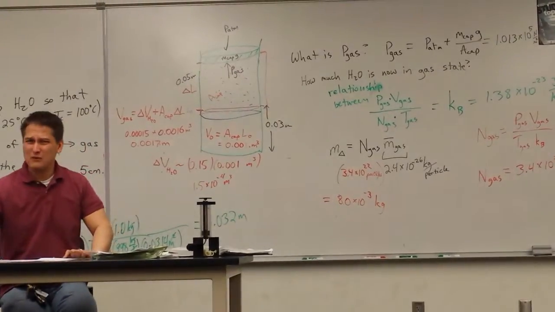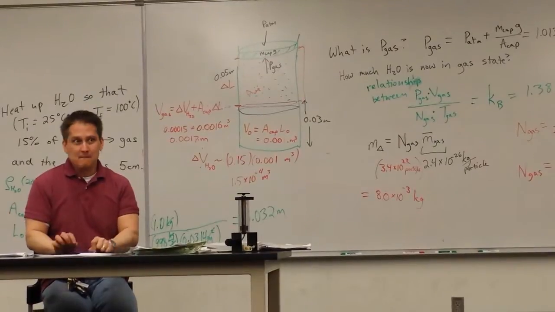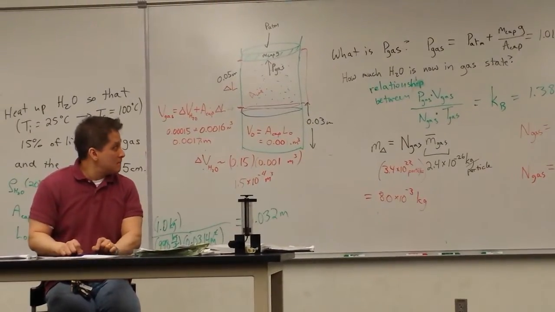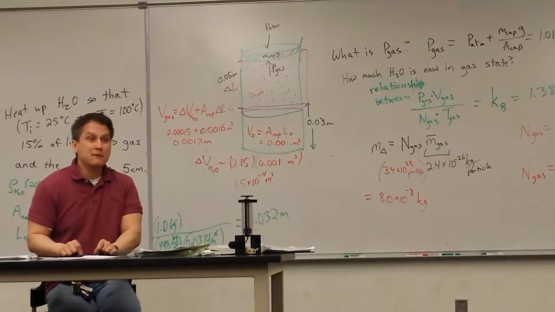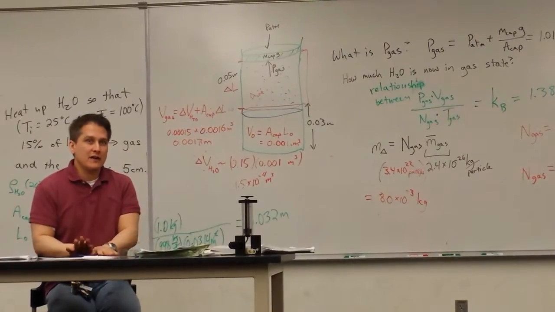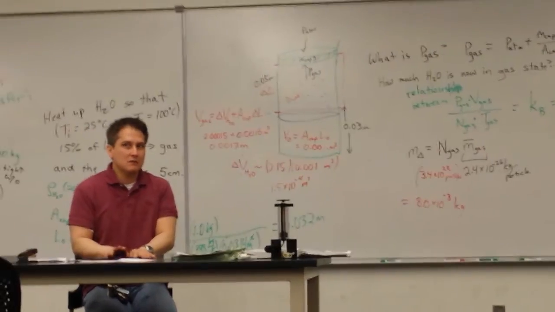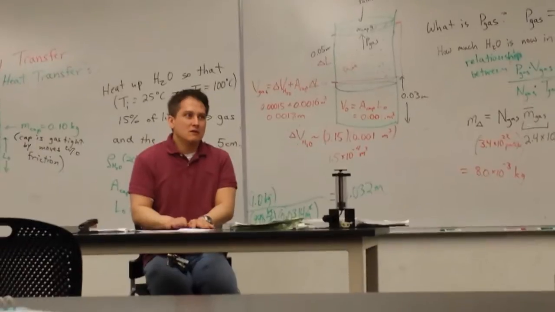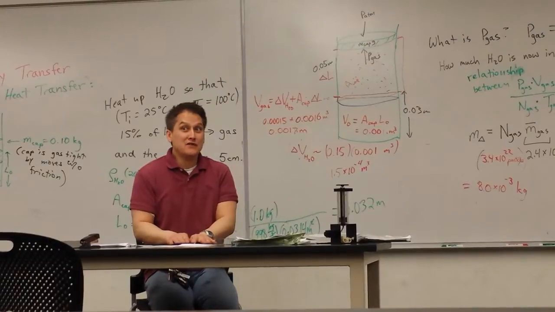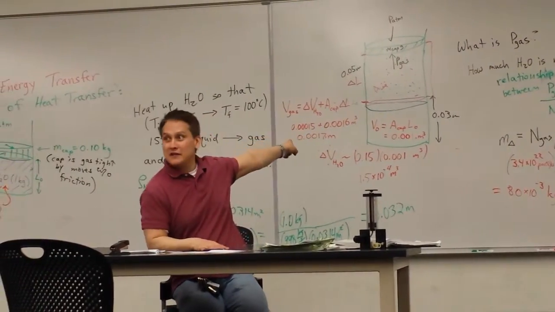It's pretty easy, but then when you start thinking about it, you really got to think about where things are changing. And I made one big assumption, which may have had a small effect on this answer. Can you think about what that might be? What was my first assumption of volume? I lost 15% of the water, and I used that to calculate the volume.